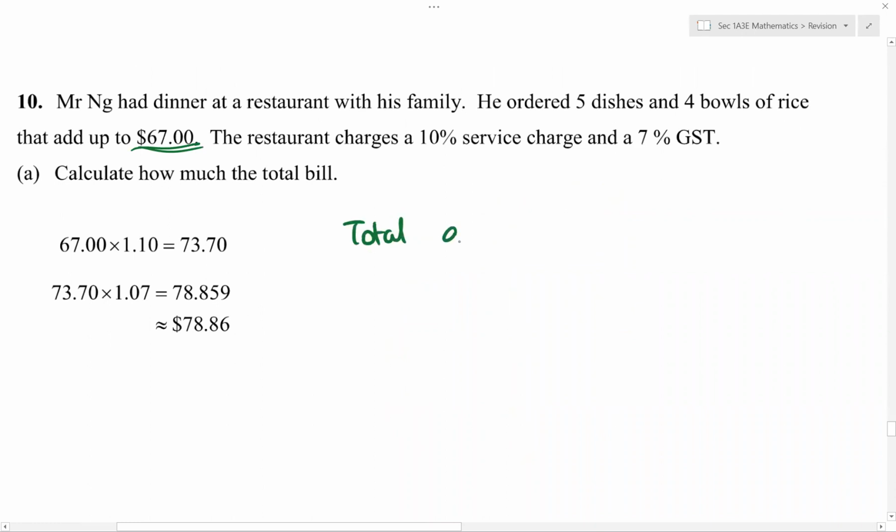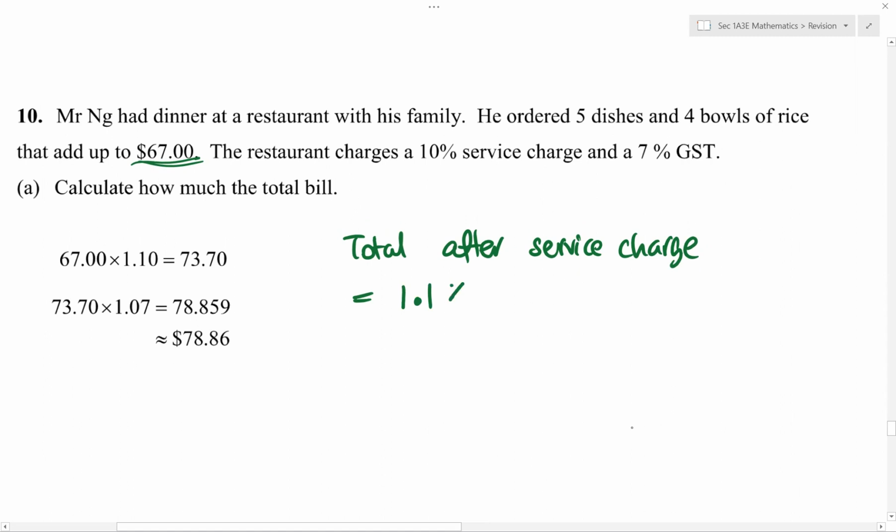Total after service charge. Okay, watch. Don't copy this down. This is very long, but I want to show you how it works. The total after the service charge is 1.1 times the original 67.